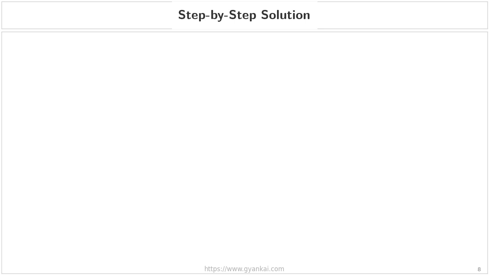Step-by-step solution. Now that we have the scenario set up, let's walk through the solution step by step to see how we apply the formula we just learned. First, let's move to step 1. Identify the components. Looking back at our force and displacement vectors from the previous slide, we need to pull out the individual values for each axis.